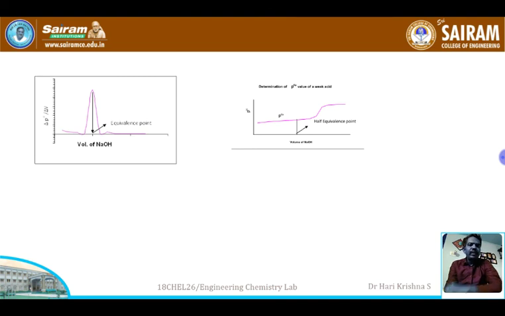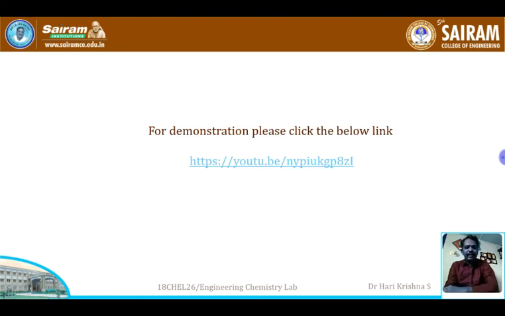That gives you the value of pKa. We will do the demonstration of the experiment, tabulate the values, plot the graphs of delta pH by delta V versus volume of NaOH and also pH versus volume of NaOH, and determine the pKa. There are no calculations here, only graphical values.